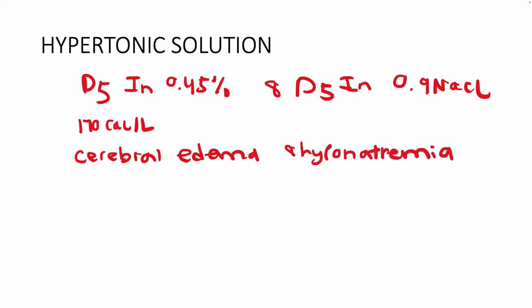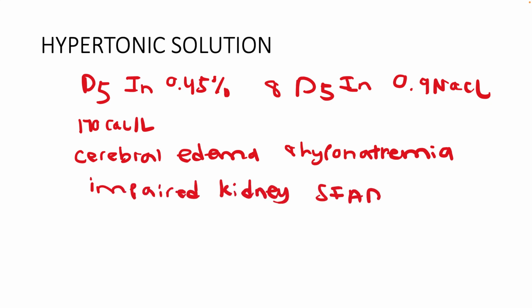The causes for both of these, cerebral edema and hyponatremia, could be an impaired kidney or SIAD. SIAD is known as syndrome of inappropriate antidiuretic hormone. This is a result of the body producing too much antidiuretic hormone, so it's holding the fluids. And this can also be caused by the impaired kidney. It's holding and retaining fluids.